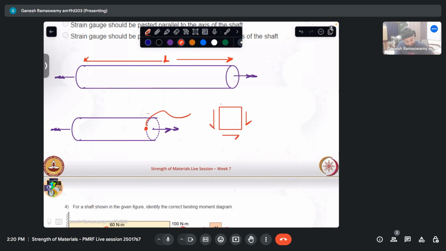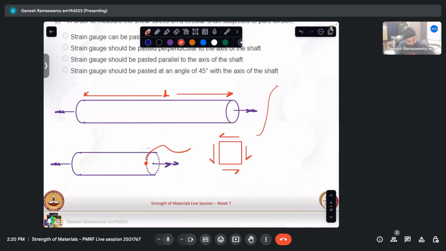It's a case of pure shear. It will be this way. But we also know the Mohr circle for this case is like this.